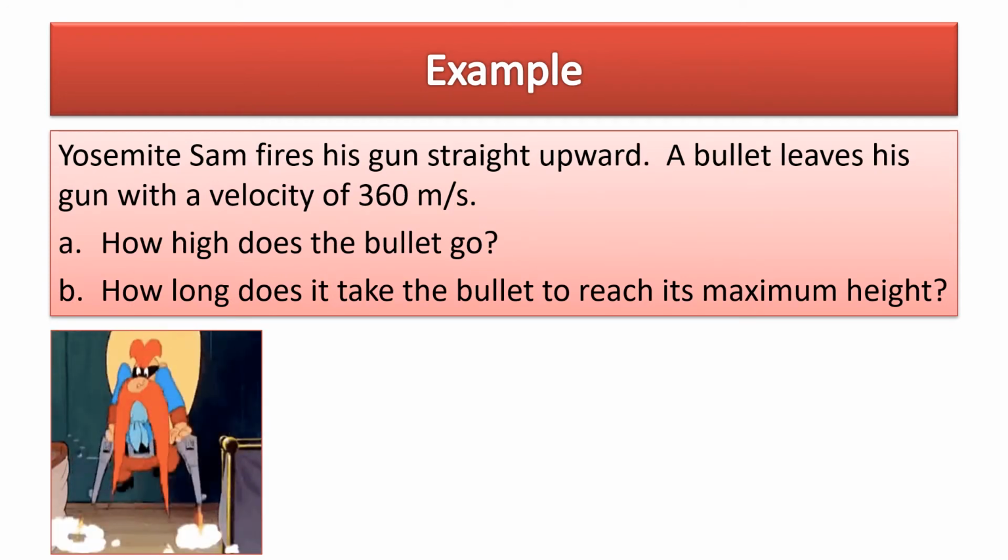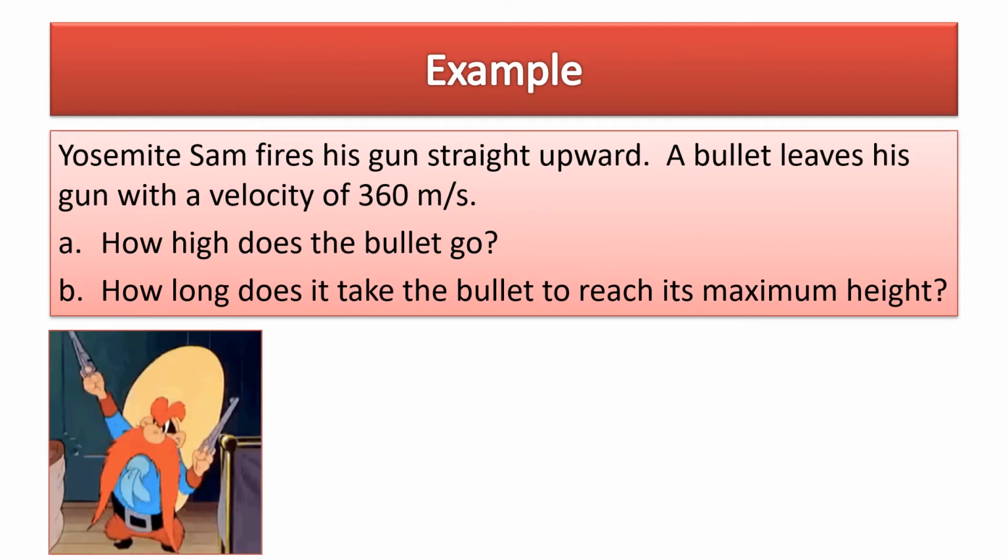So Yosemite Sam fires his gun straight upward. A bullet leaves his gun with a velocity of 360 meters per second. How high does the bullet go, and how long does it take the bullet to reach its maximum height? So we'll start with an initial velocity of 360 meters per second upward.